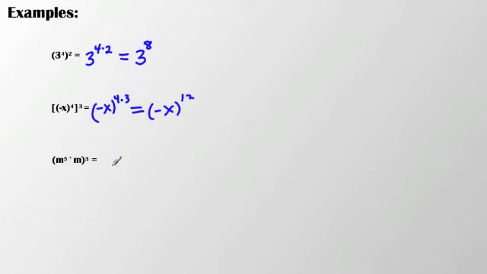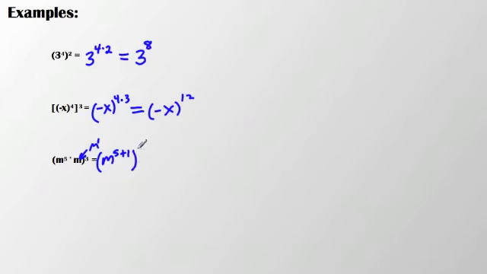Let's go ahead and take a look at this example. I have m to the 5th times m, in parentheses, raised to the third power. So the first thing I'm going to do is work inside the parentheses, and I know that gets me m to the 5 plus 1, since m without an exponent can be written as m to the first.